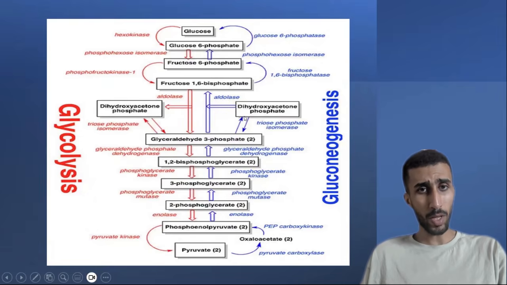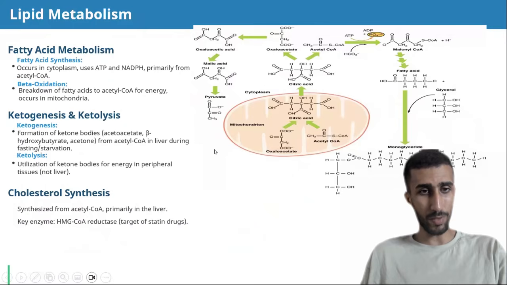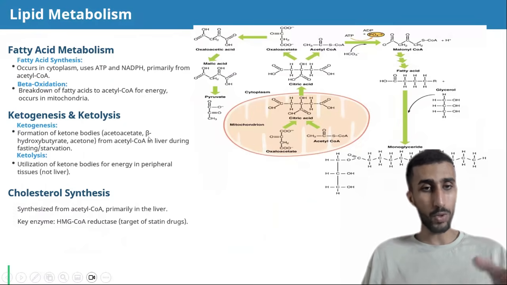So in the fasting condition we need glucose, so the oxaloacetate is deficient. The body needs to get energy, so this acetyl CoA is eventually going to be converted into ketone bodies as an alternative way to get energy.